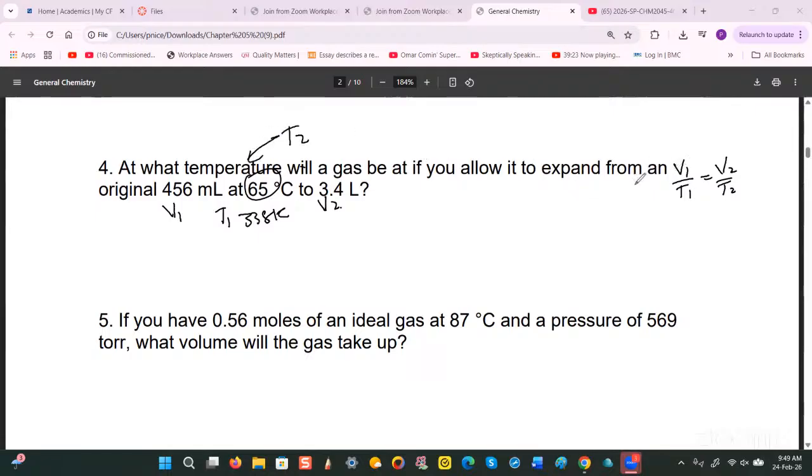So in this case, what I would do to get T2 is cross multiplication. You're going to get V1T2 is equal to V2T1. And then to get T2 by itself, you divide both sides by V1. So the V1s will cancel out.